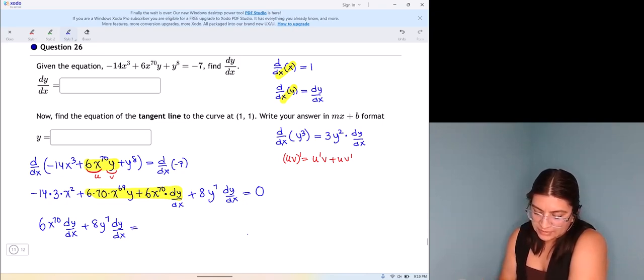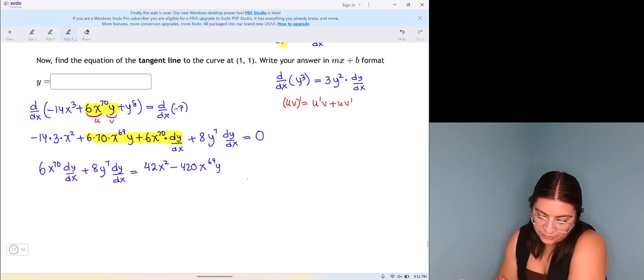Everything else goes to the right. By the way, negative 14 times 3, that's negative 42. So it becomes a plus 42 on the right side. And then 6 times 70 is 420. So when we move it to the right, it becomes negative 420 x to the 69 times y.